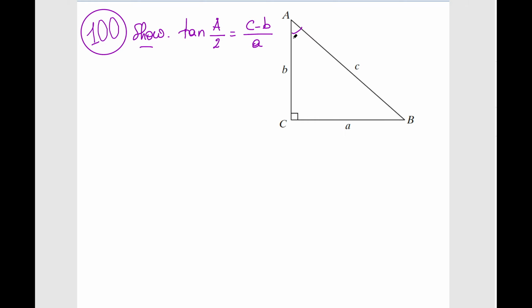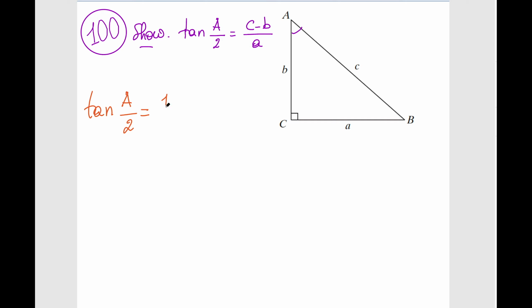I want to transition to angle A, given that I have to deal with tangent of A over 2. What's the relationship between tangent of A over 2 and something that relates a trig function to A? Well, this is one of the half angle formulas we just learned at the end.